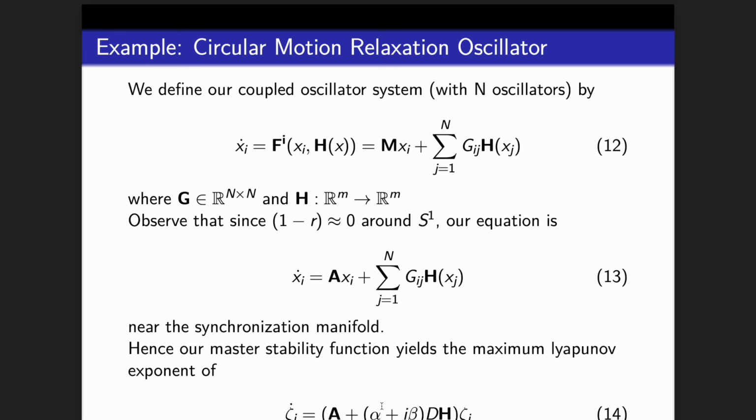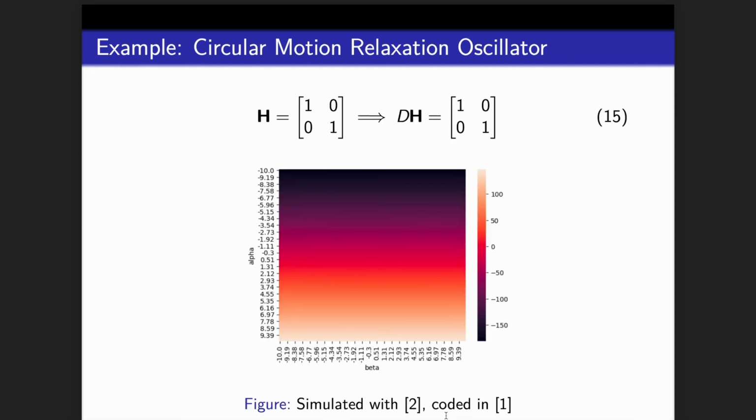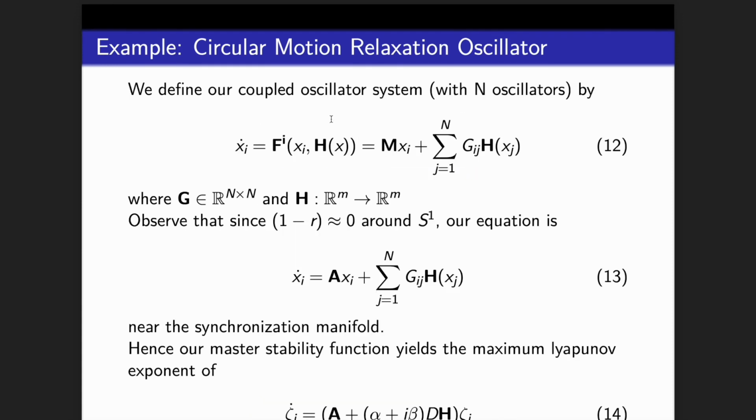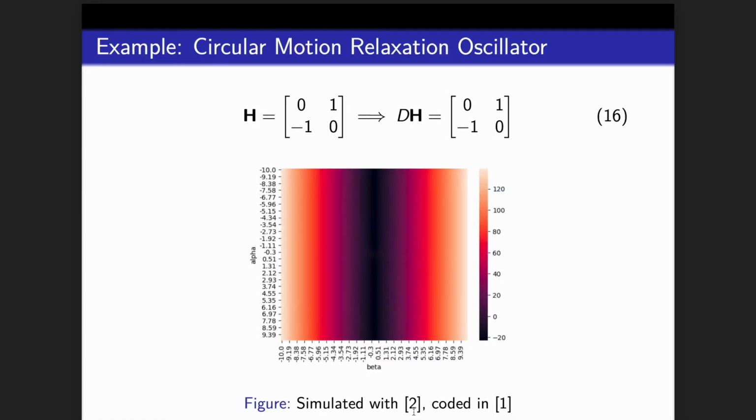And so the imaginary part, IB here, is going to contribute the most. Note that our H here has eigenvalues negative and plus i. So this IB is what's actually going to contribute to the scale of the vectors over time. And you can see this here in this figure.